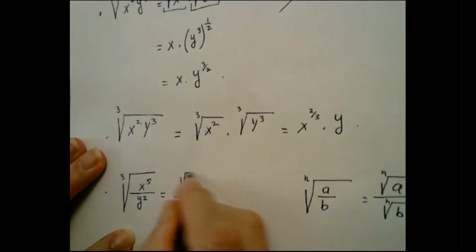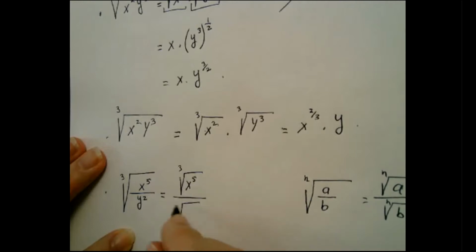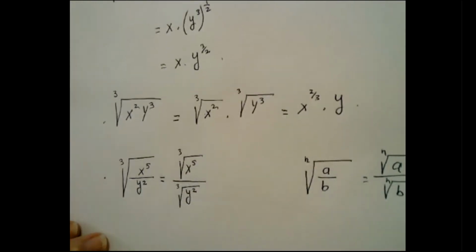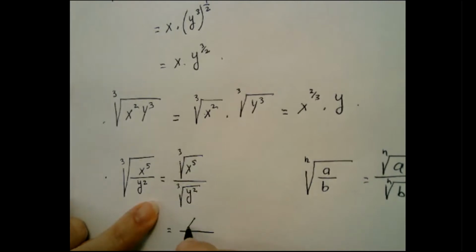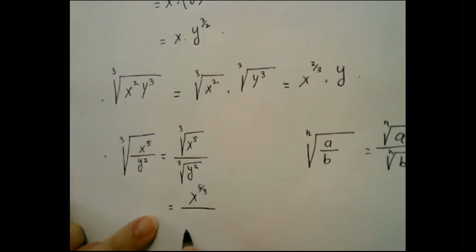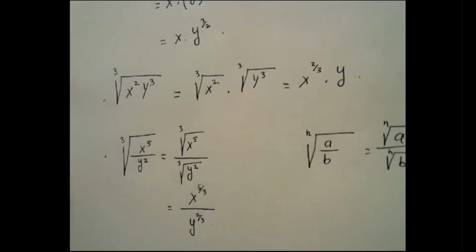So the first one is x5. The second one is y squared. Now, with this in mind, this is equal to the cubic root of x5, which is x to the 5/3, and the bottom one is y to the power 2/3. All right.